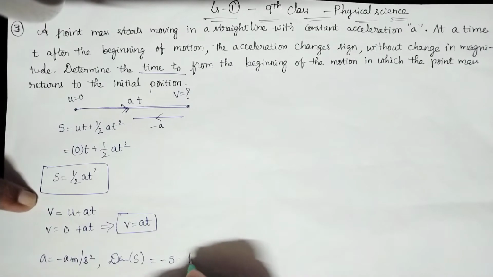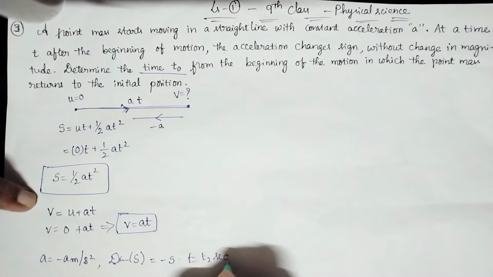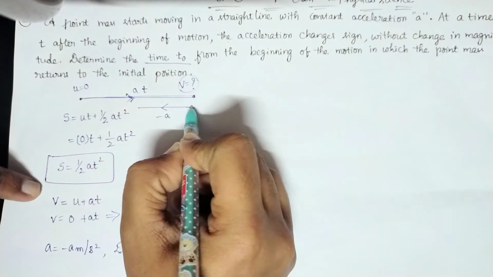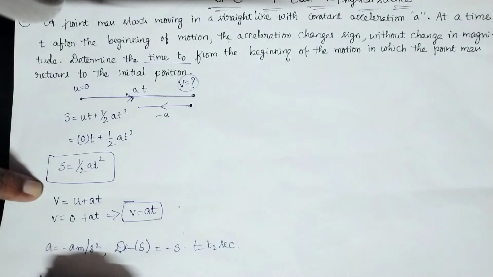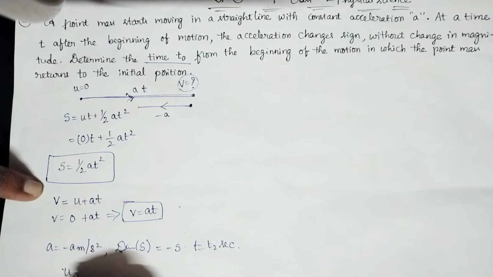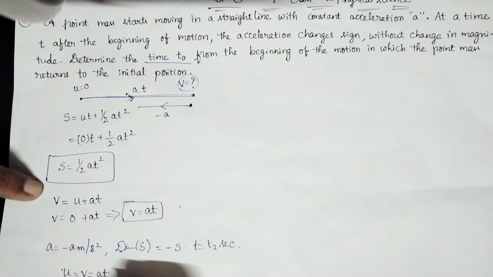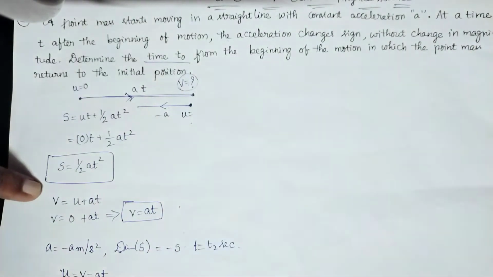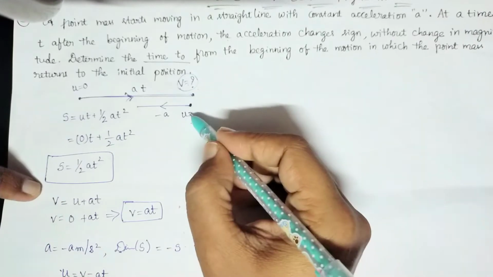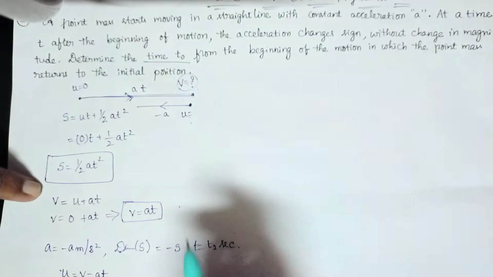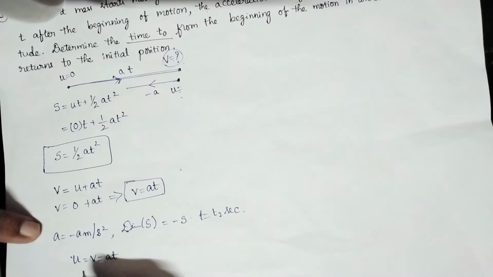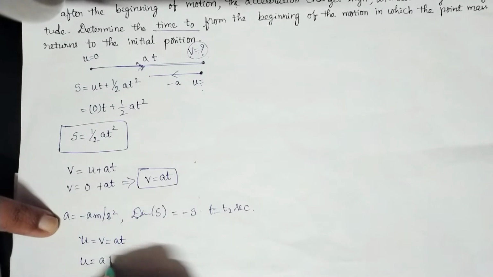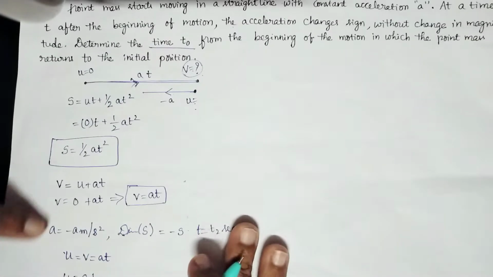The time we take as t2 seconds, and the final velocity becomes the initial velocity. So instead of u, we write the v value: u is equal to at.